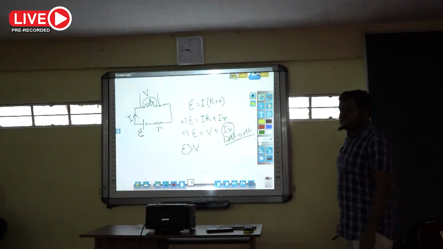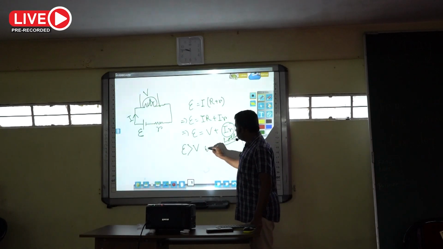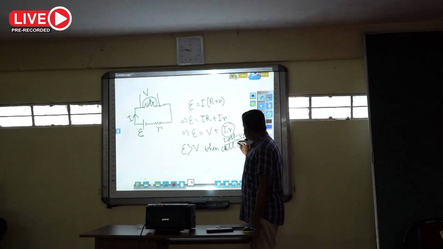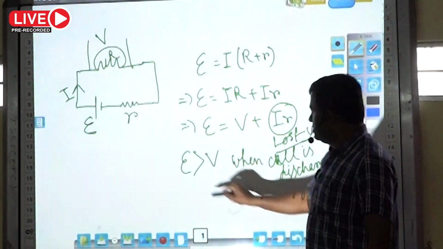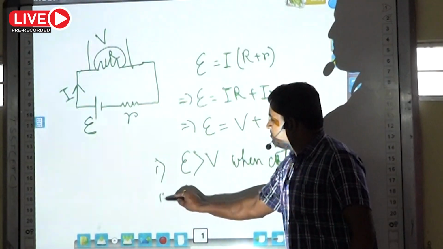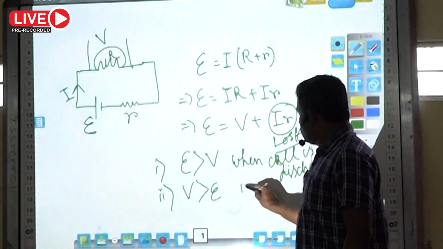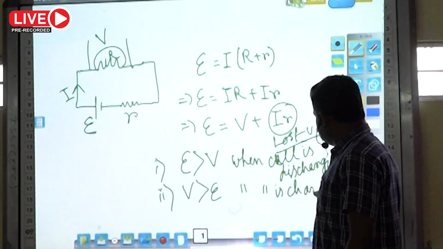Now in this case, EMF is greater than potential drop when the cell is discharging. This is the first point. Second point, potential difference is greater than EMF when the cell is charging.